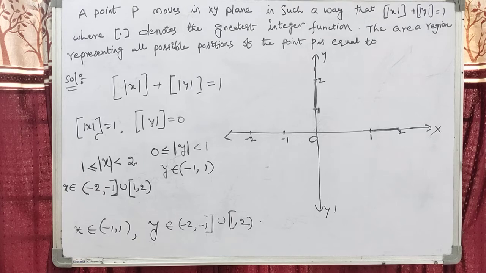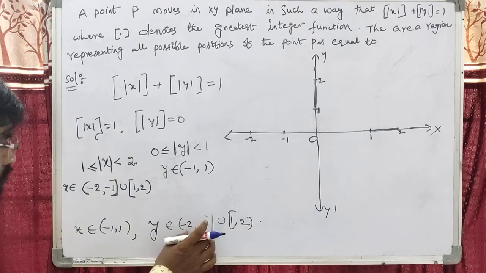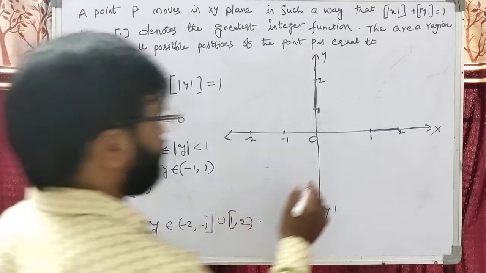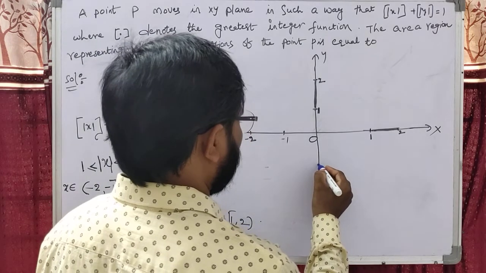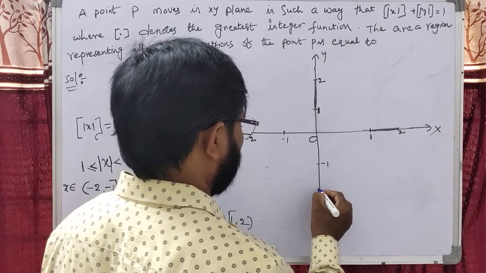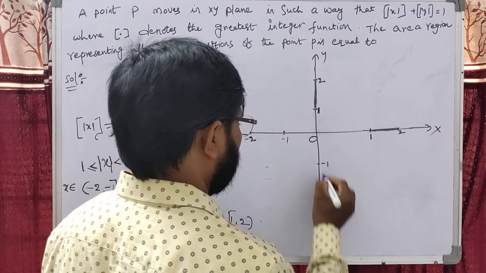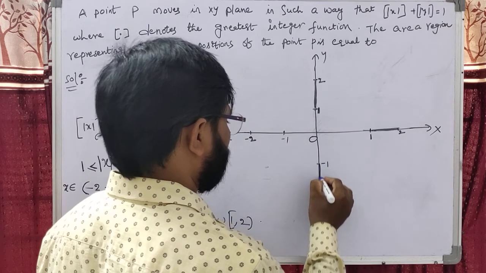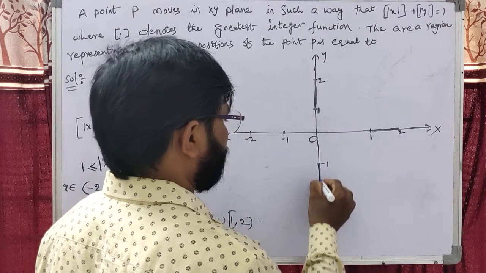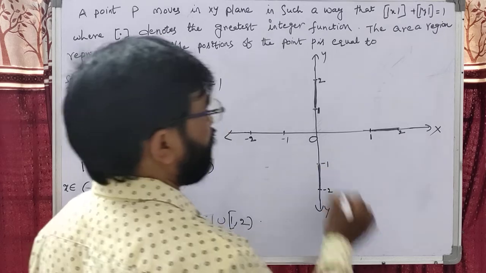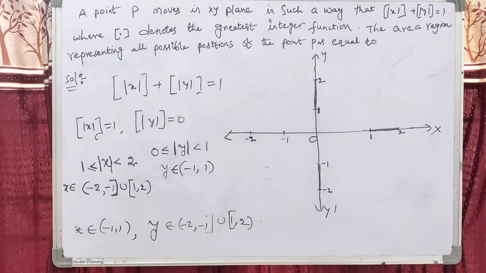Suppose here when we are taking y as minus 2 to minus 1, this is the region. When we are taking y as minus 1 to minus 2, then x will be 0. So x is entirely 0. Okay students, this is the graph.